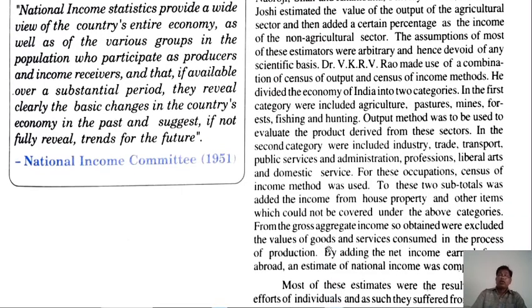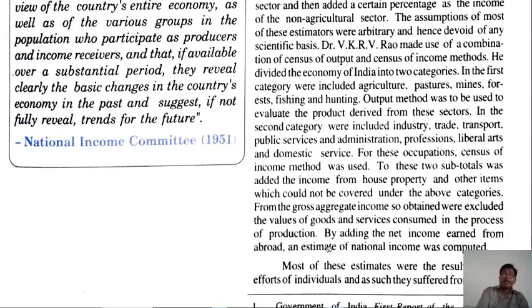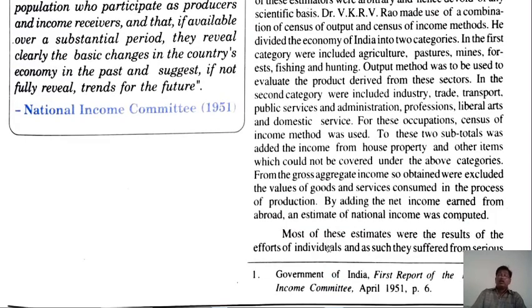For these occupations, the census of income method was used. To these two subtotals was added the income from house property and other items which could not be covered under the above categories.